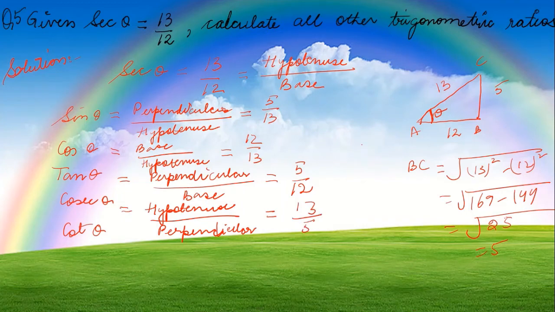Now for cot theta, it is reverse of tan theta, that is base upon perpendicular. Now base is 12 and perpendicular is 5. So this is the way how you have to calculate it.